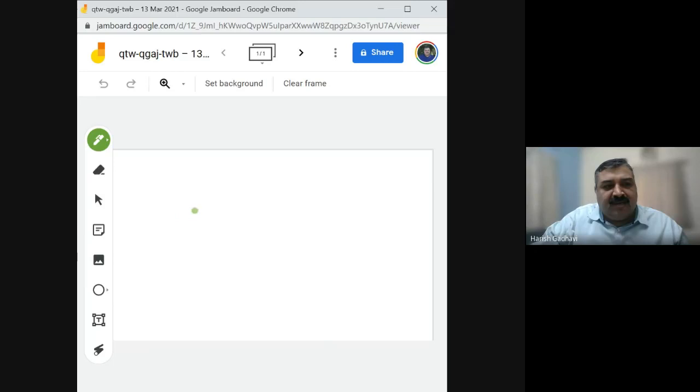So we had an equation. Okay, it looks very thin. Let me change the color also. Are you able to see the writing?